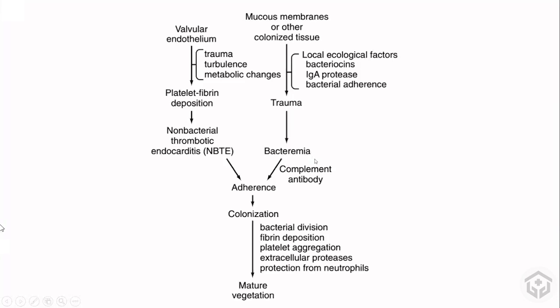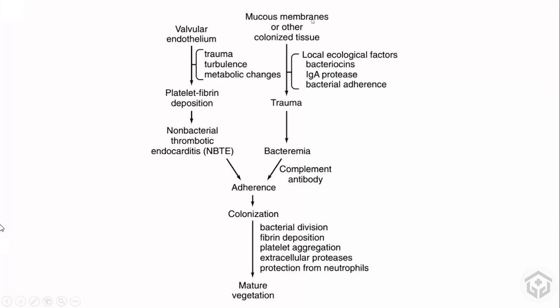Usually, this transient bacteremia is cleared within 15 to 30 minutes, but that also depends on our body's defense mechanism. If our body's defense mechanism is on the low side, there is a high chance of adherence to the non-bacterial thrombotic endocarditis, and that leads to mature vegetations.